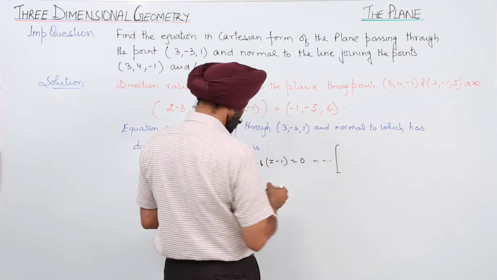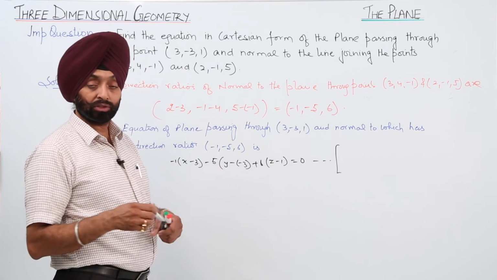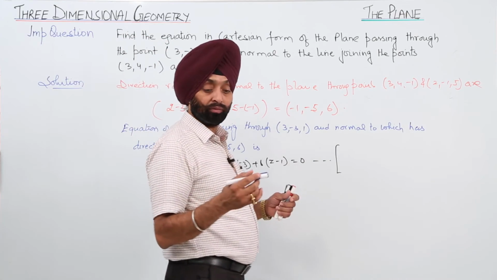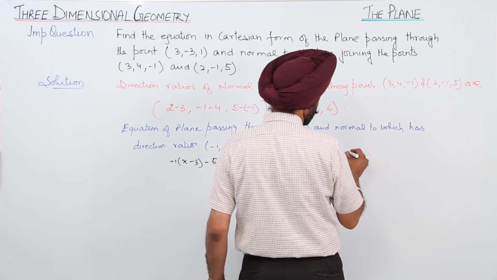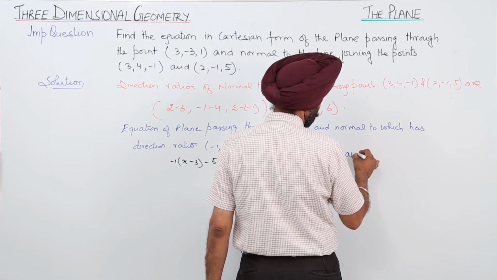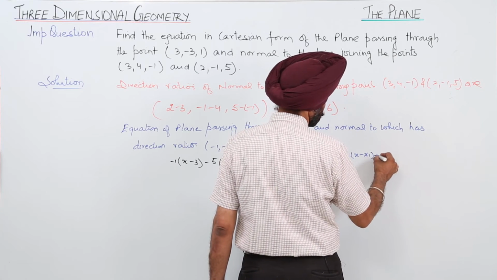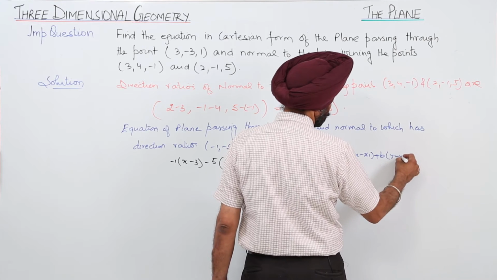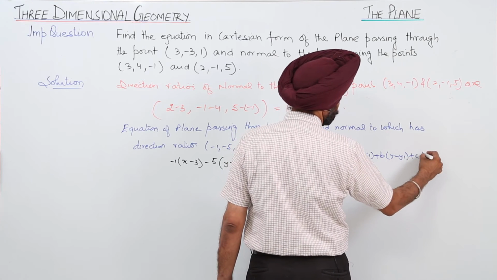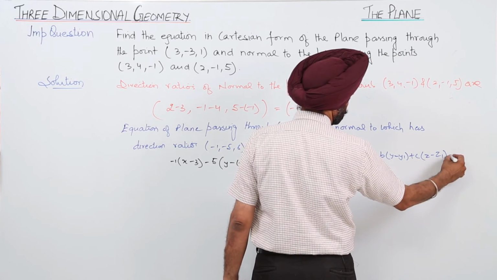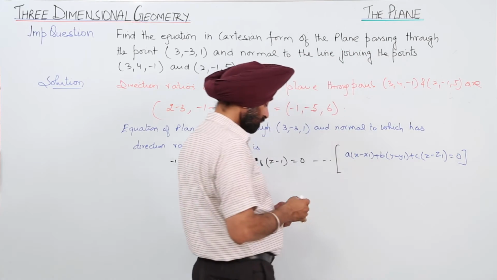Now, what we have used? Equation of a plane passing through x1, y1 and z1. So, we are having a(x minus x1) plus b(y minus y1) plus c(z minus z1) is equal to 0. So, this we have used.